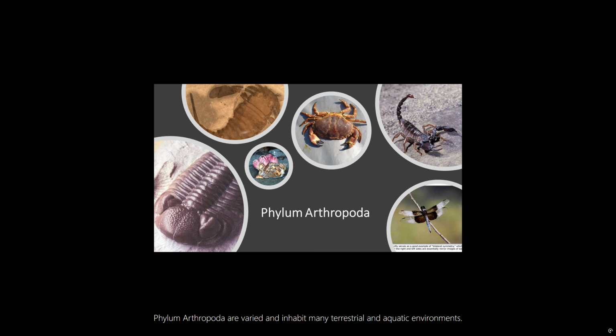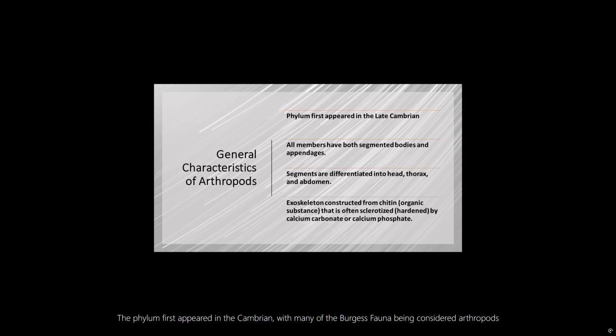Phylum Arthropoda are varied and inhabit many terrestrial and aquatic environments. These photos show a variety of modern arthropods, as well as the extinct trilobites and eurypterids. The phylum first appeared in the Cambrian, with many of the Burgess fauna being considered arthropods or stem arthropods. All members have both segmented bodies and appendages.